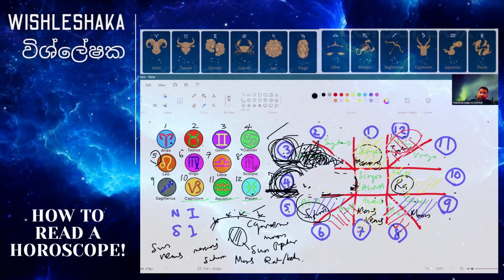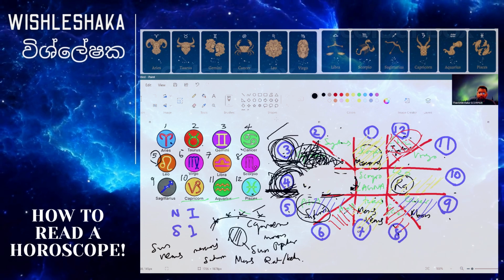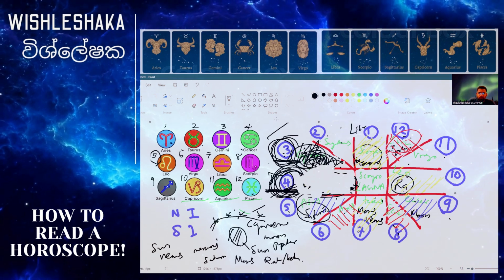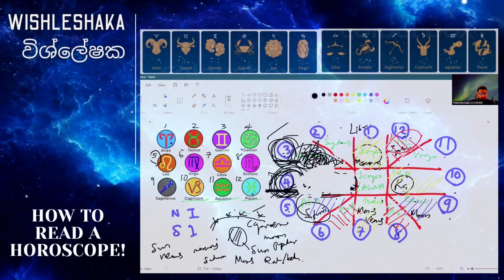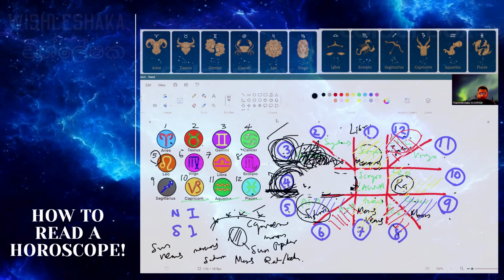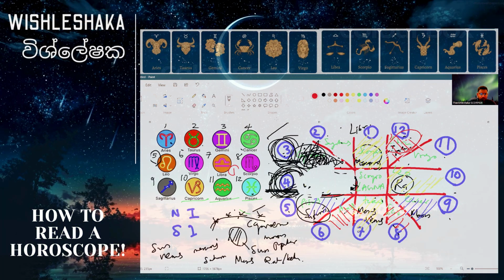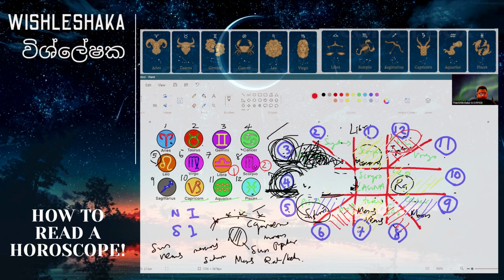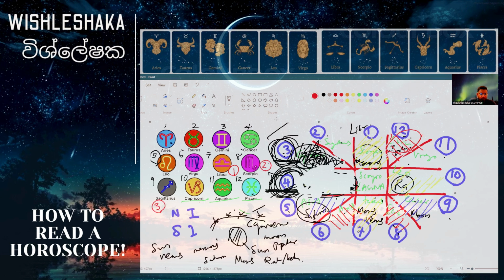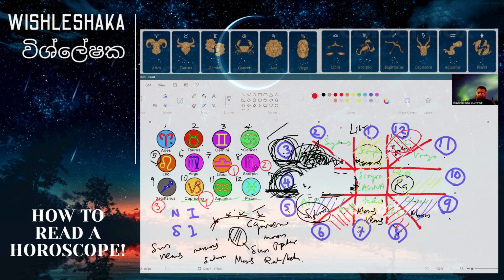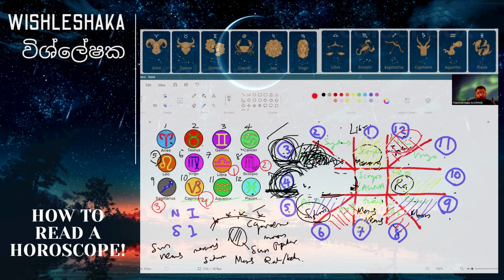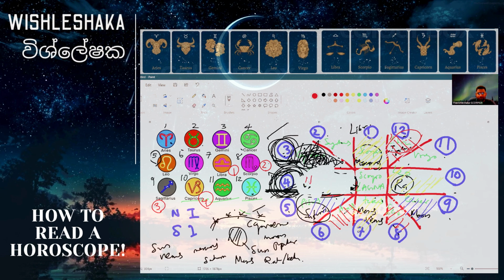And she was born as a Libra. So Libra is first. So second is Scorpio. Third house is Sagittarius. Fourth house is Capricorn. So my mother, fourth house, she has so many planets.